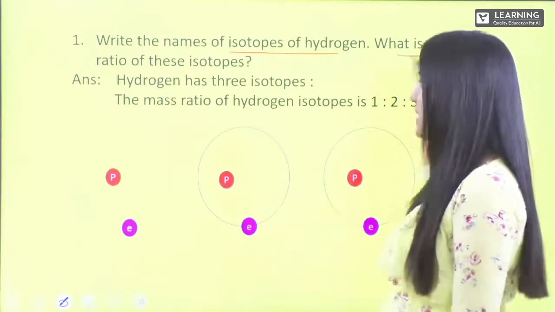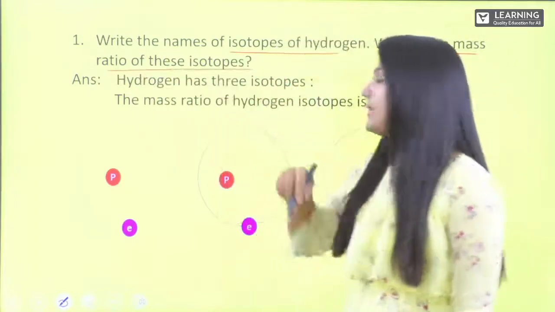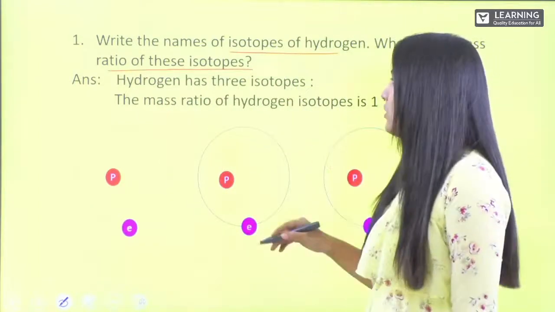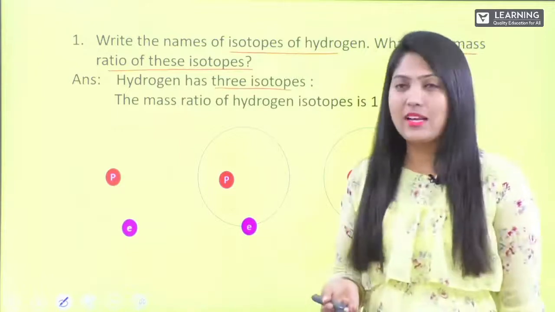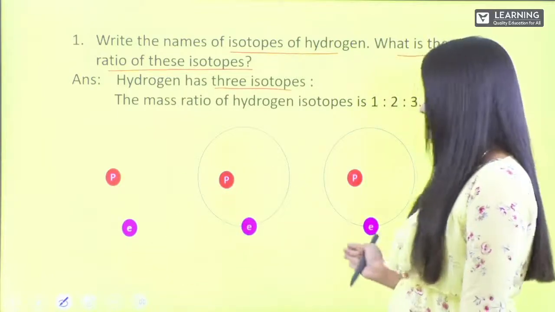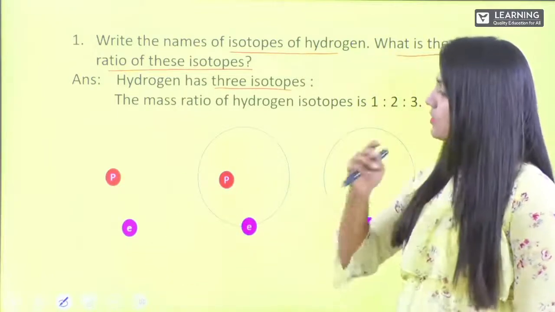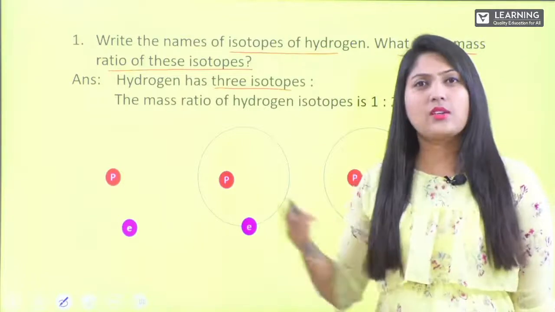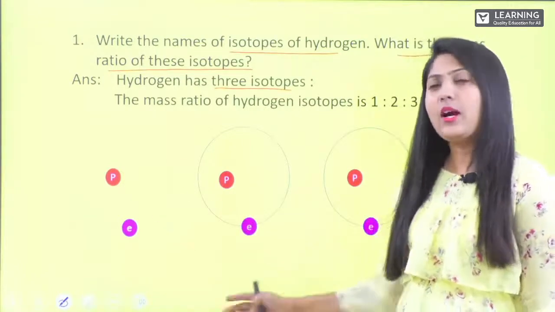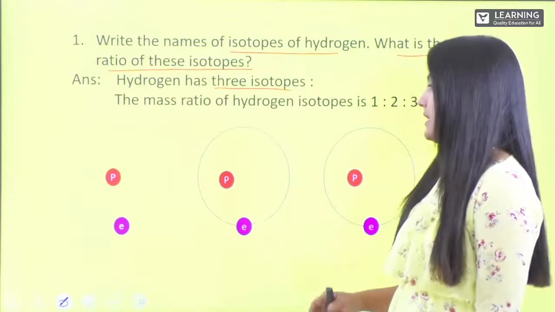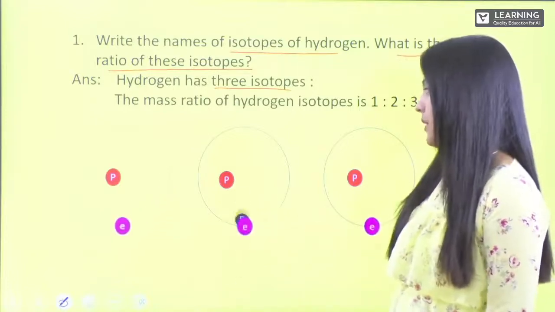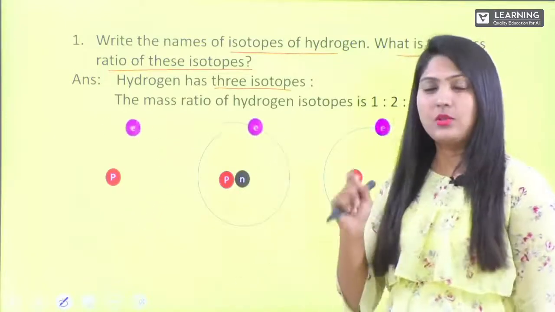And what is the mass ratio of these isotopes? So hydrogen has how many? 3 isotopes. 1, 2, 3. All the hydrogen are having the same structure. 1 proton, 1 electron, right? How do they differ? Yes, they do differ by neutrons.